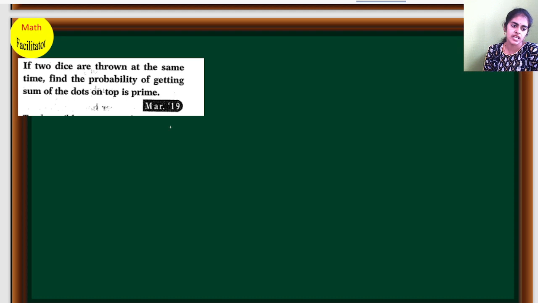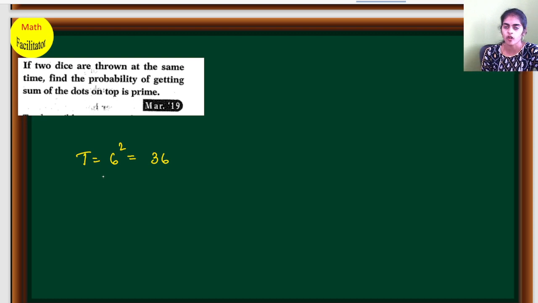So next, if 2 dice are thrown at the same time, so total outcomes ఎంత వస్తాయి? 2 dice rolling at the same time, total 36 outcomes you have. So you need to find the probability of getting the sum of dots on top as prime.